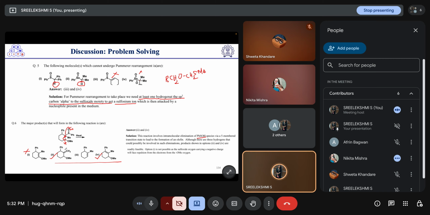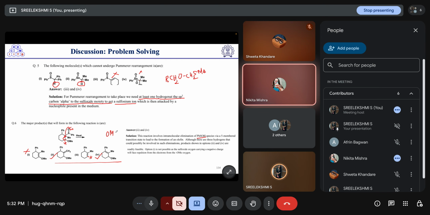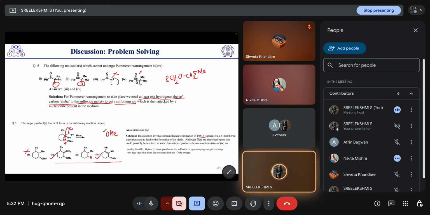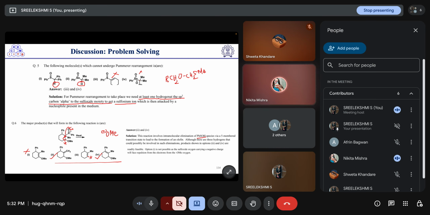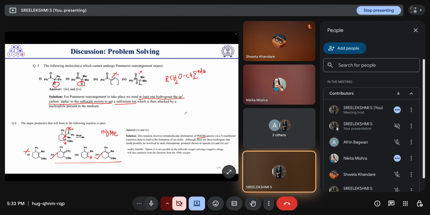So is it possible to take this methoxy group for this sulfone? You understood? Here there is already hydrogen and this OMe is missing. We know this OMe is negatively charged.